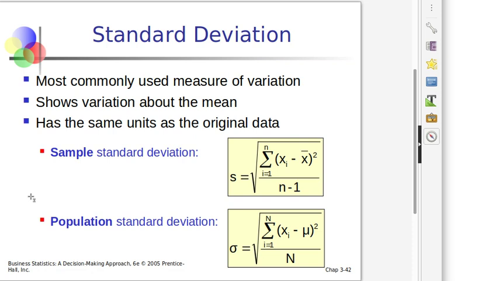Again, there is both the sample standard deviation and the population standard deviation, the difference being the divisor here is subtracted by 1, whereas in the population there is no subtraction of one. Then the rest of the formula is the same except for the symbol.